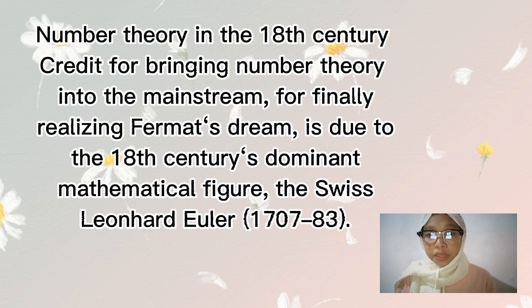Soon thereafter, he established a beautiful result known as Wilson's theorem: p is a prime if and only if p divides evenly into the quantity (p − 1)! + 1.